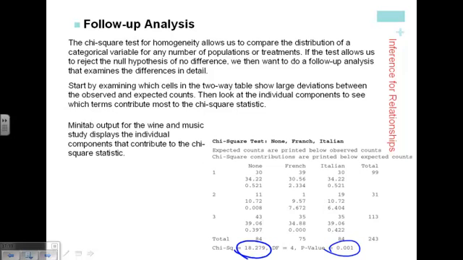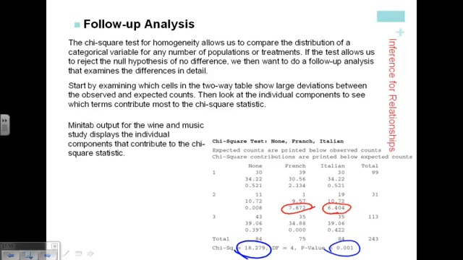What did we think we saw? We think we saw suppressed Italian wine purchases when French music was played, and enhanced Italian wine purchases when Italian music was played, and that shows up in the contributor values. We saw large chi-square contributors here and here.